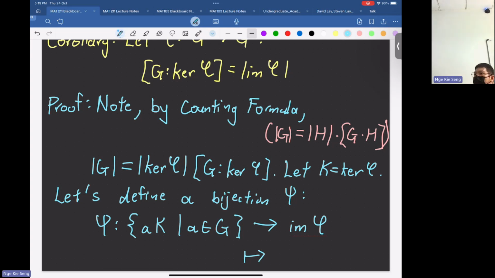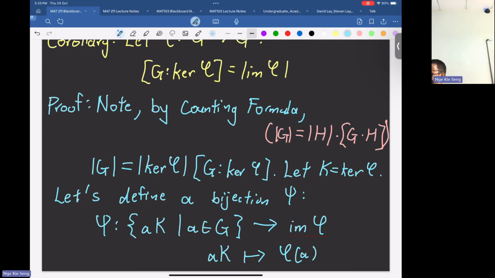Last time I told you, if you see two spaces, write down one obvious map first and then see if it works or not. What's the obvious thing to do here? What are the elements inside the set of left cosets? Some aK. But where are you going to send this aK to? Maybe you can send it to phi of a. Does it make sense?